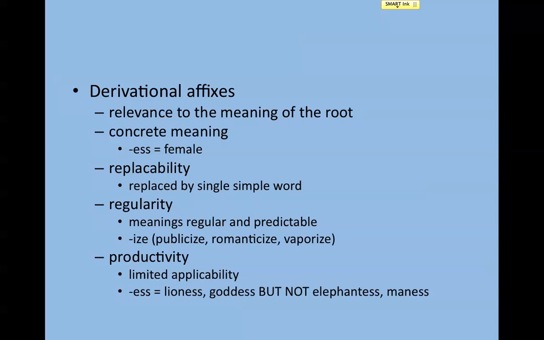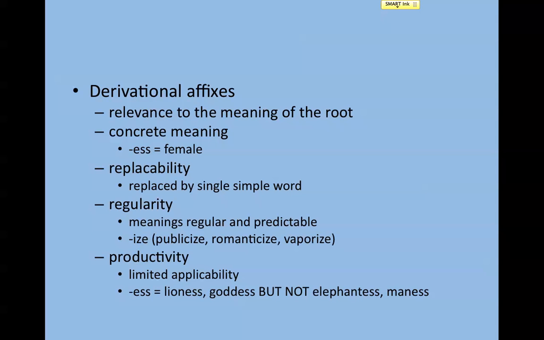For example, if we use -ess again, I could predict that if I add -ess at the end of a free lexical morpheme, it's going to make it feminine or female. Or I gave another example here to get away from the -ess example. We have -ize, such as publicize, romanticize, vaporize. So it pretty much means what? To make, right? To make public, to make romantic, to make vapor. Okay?